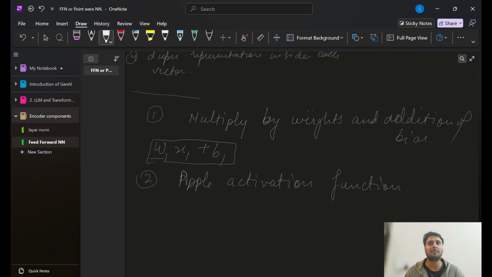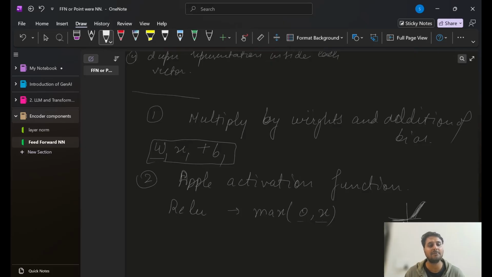There are different activation functions. We will talk about activation functions in further videos, but for now there is a very famous one, ReLU, the rectified linear unit activation function. The formula of this activation function is max of 0 and x. The graph of this activation function looks like this.